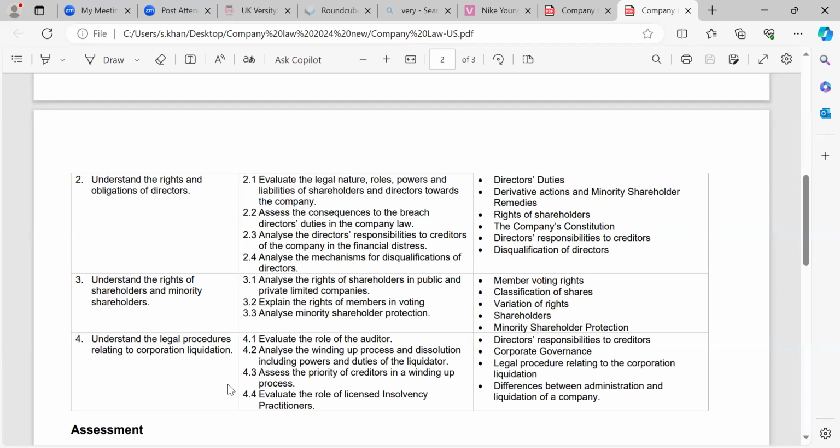We also looked at detection of fraud and misconduct, where the auditors are responsible for detecting and reporting fraud, errors, and misconduct that may impact the company's financial statements.